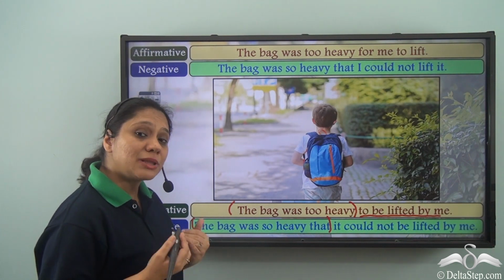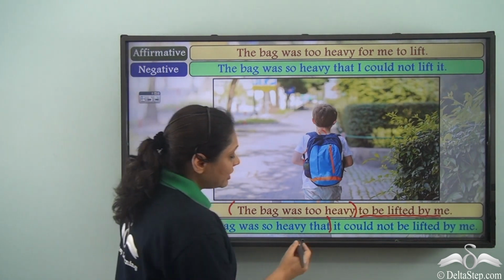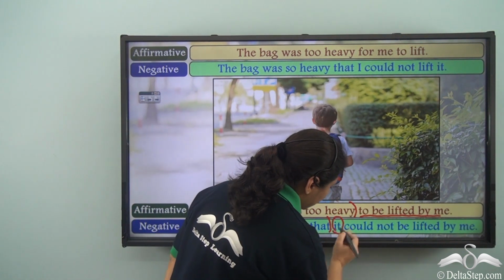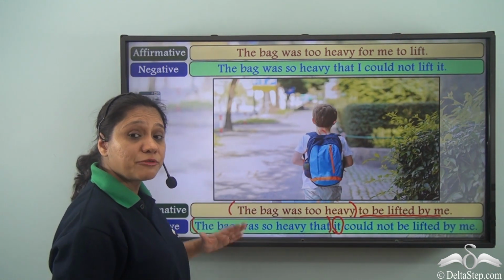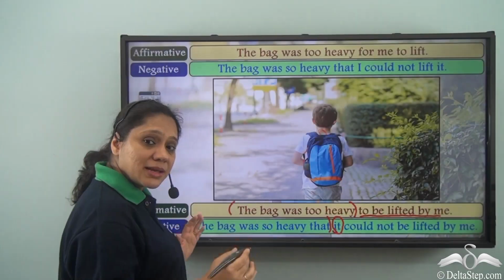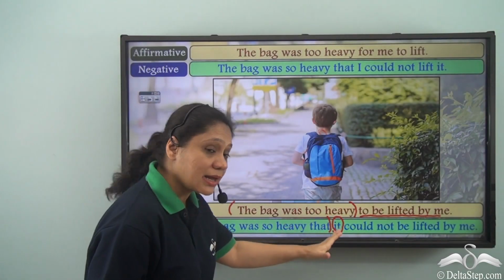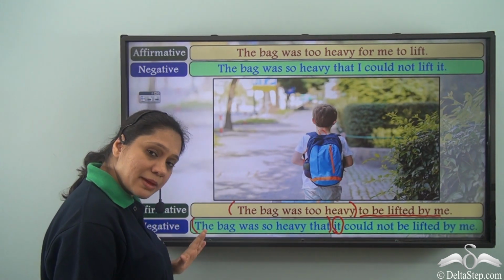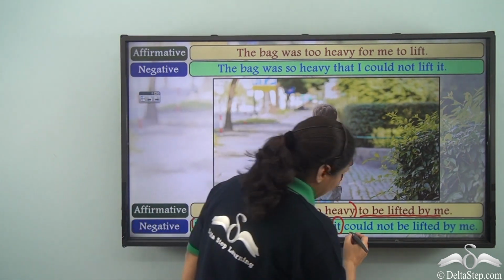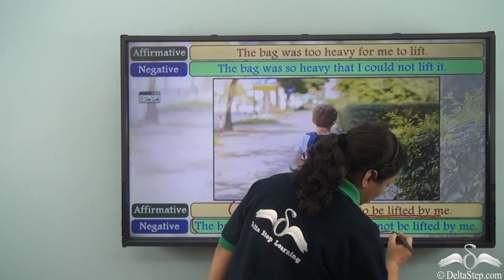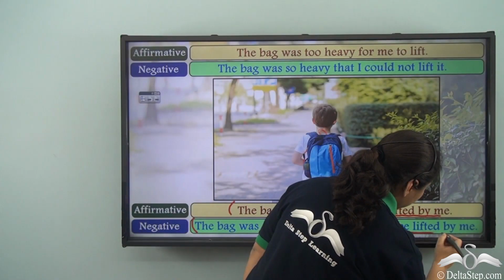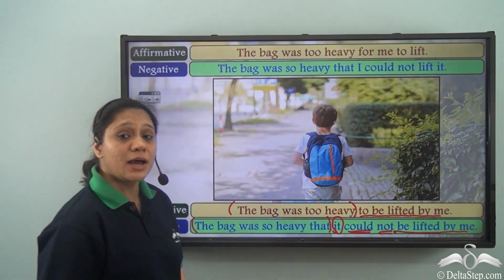So we are referring to the bag. So we will write it here in a subject position to refer to the bag. The bag is the subject in the first part of the sentence, and so we write it to refer to the same subject. Then we write could, then not, and be lifted by me remains the same.